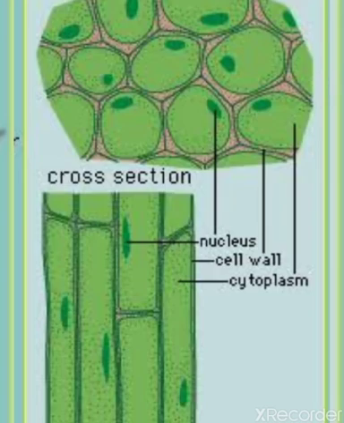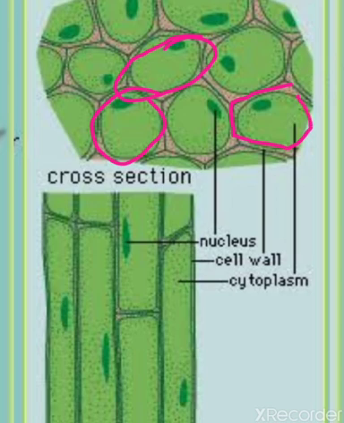collenchyma. The cells of collenchyma tissue are either circular, oval, you can see oval structure, or polygonal in shape. Okay children?